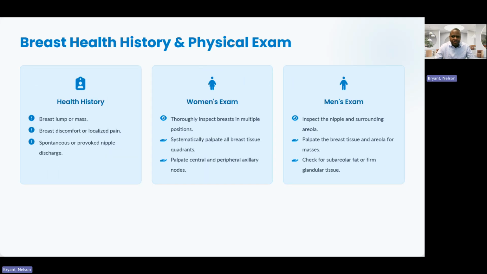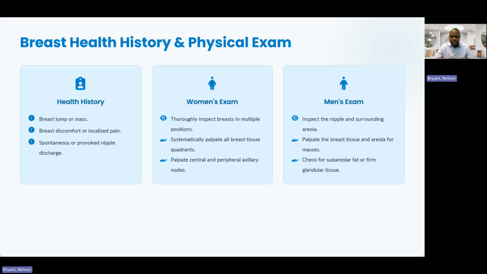So for a focused health assessment or history, you should just inquire about: are there any lumps, presence of lumps, any pain, any nipple discharge? That's what we are looking at. What's the color? What's the consistency?